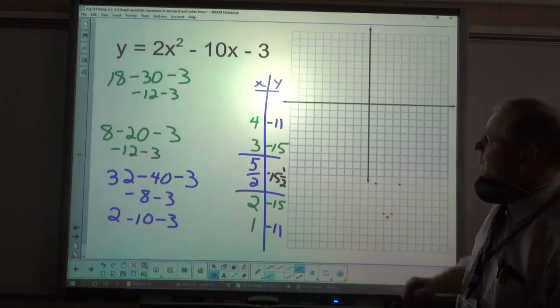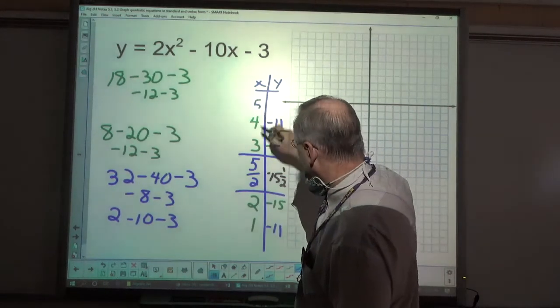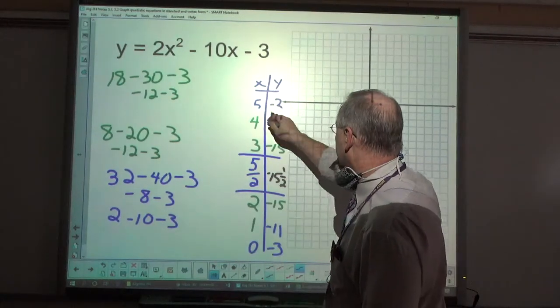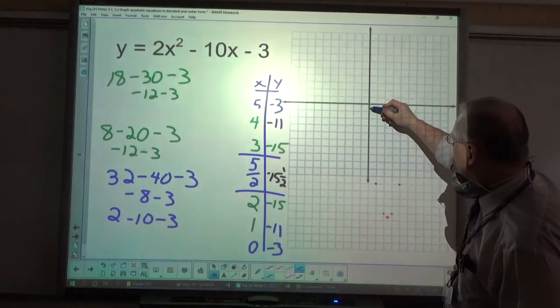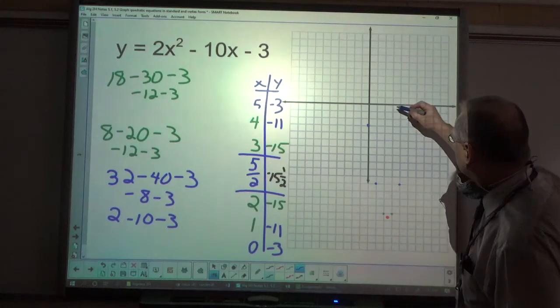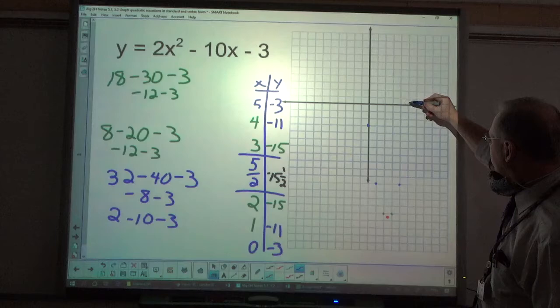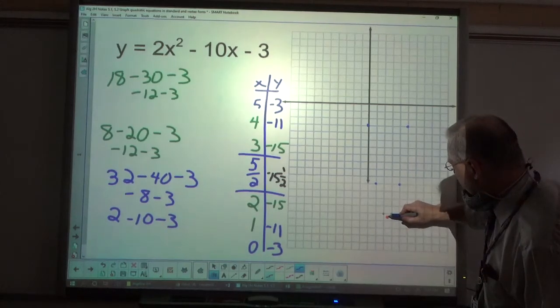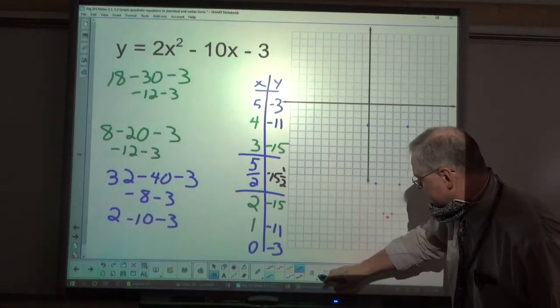And it turns out if I put 5 and 0 in, they're both going to be at negative 3. So 0, 1, 2, 3 down, 5, 1, 2, 3, 4, 5, 1, 2, 3.